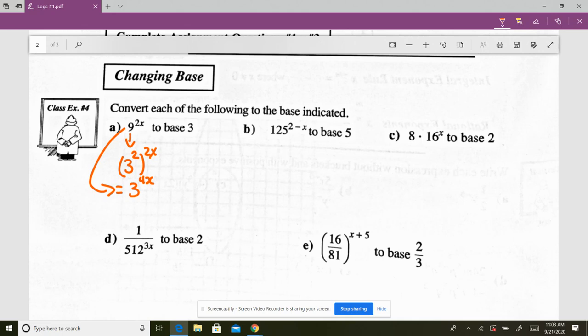All right, B. 125 to base 5. So ignore the 2 minus x as the exponent. 5 to what power is 125? 3. So you bracket it, and the 2 minus x is sitting there.